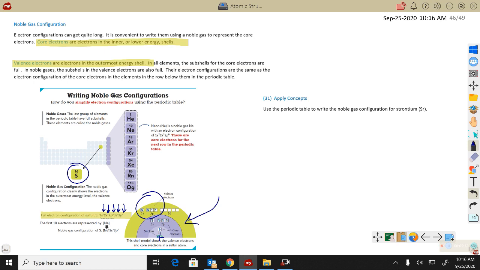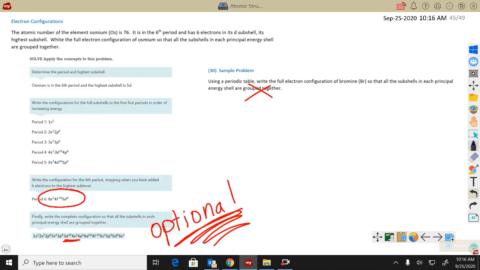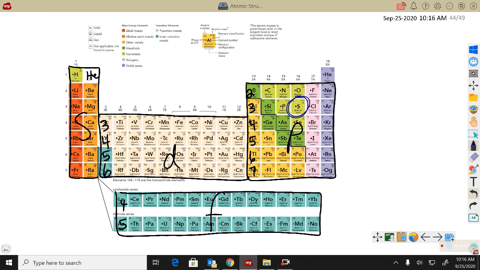They've got nice full orbitals, which is very stable. And so here's what we can do. We can do a little shortcut and really only focus our electron configuration on the valence electrons. So on a periodic table, you do this. I'll go back to that sulfur. These are my noble gases.